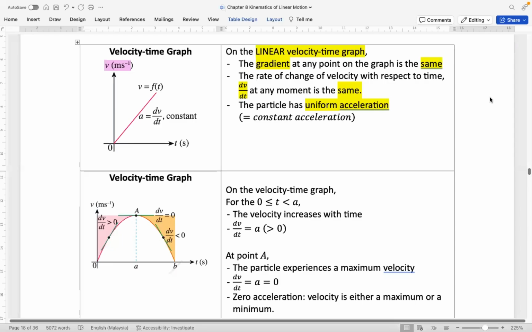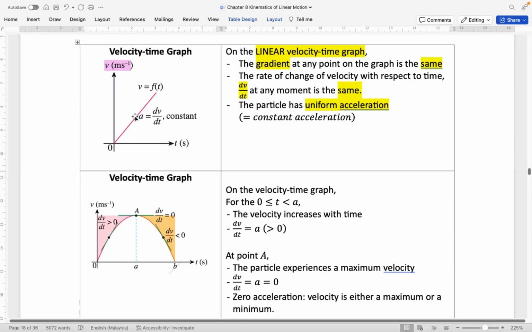Let's check two different types of velocity-time graph. First of all, let's see the linear velocity-time graph. A linear graph means we have a straight line graph like this. For a straight line graph, the gradient at any point on the graph is the same. Let's say I have two different points here. If I draw tangent lines for these two points, I will notice that the gradient of both tangent lines is the same.